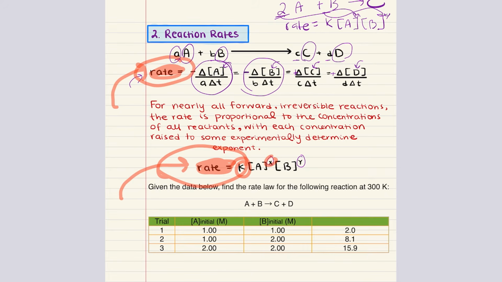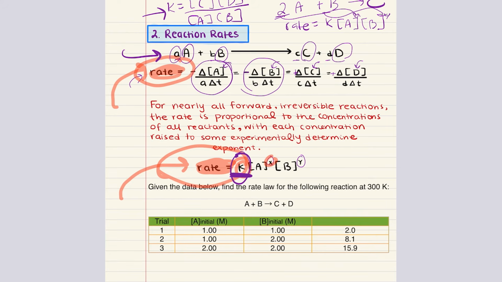So this is where we say that K is equal to the concentration of the products, if we're looking at this general form right here, over the concentration of the reactants. This is not the same K as this. Those are two different things. Do not confuse those. Each reaction also has a unique proportionality constant K.